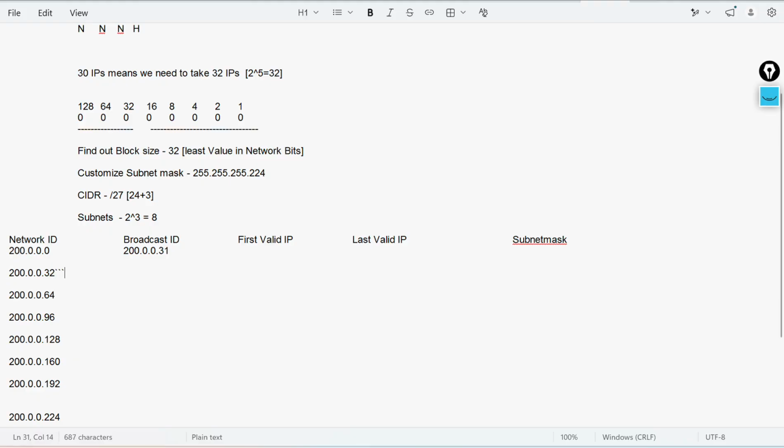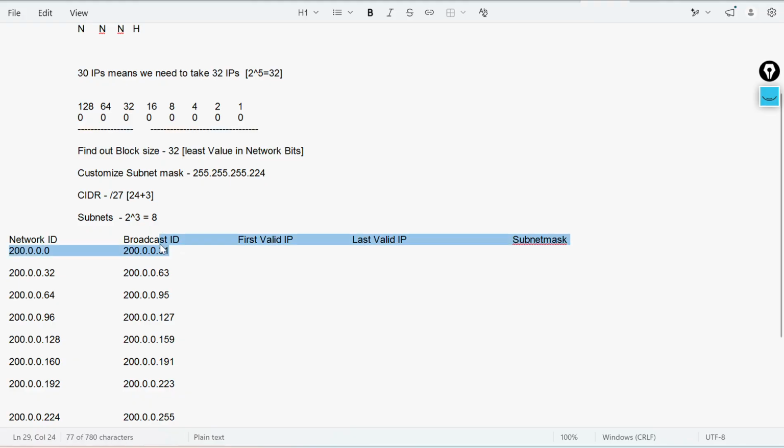So here 63, 200.0.0.63, and here 200.0.0.95, and here 200.0.0.127, and here 200.0.0.159, and this one 200.0.0.191, and this one 200.0.0.223, and this one 200.0.0.255. First IP is a network ID, last IP is a broadcast ID.